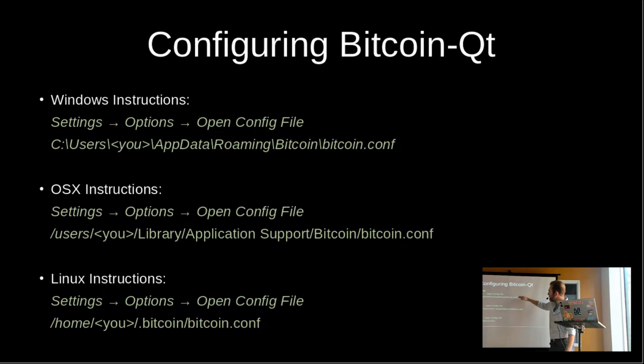These are the locations of the config file for each of the different platforms. What we need to do for this workshop is get to the point where everybody has their config file open and ready to go, because we have to make some changes to it.